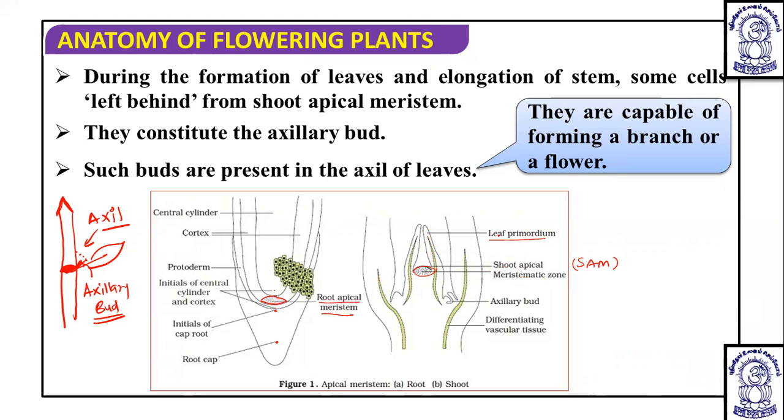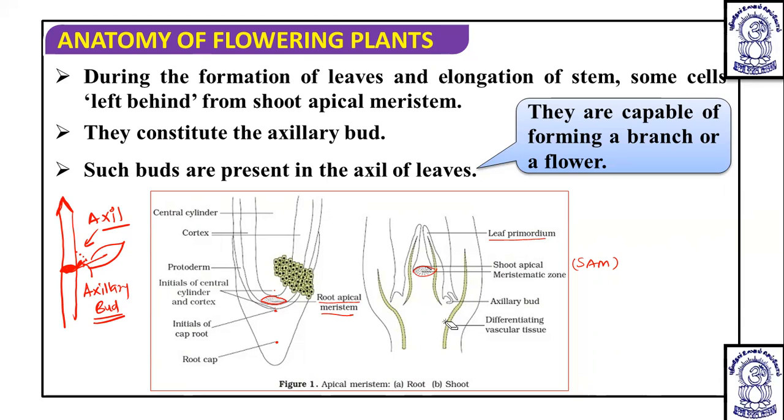Leaf primordia is nothing but initial leaf which is going to develop as a leaf. And here you will see this particular axillary bud. So axillary bud is what? Nothing but some cells left behind from the apical meristem, accumulating and forming this axillary bud, which is able to give rise to a new branch or a flower.